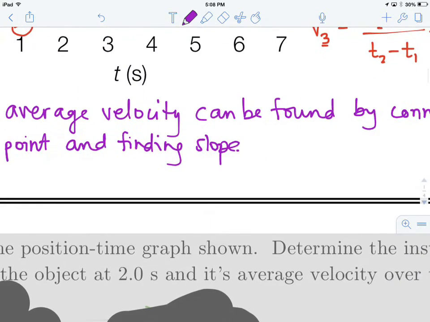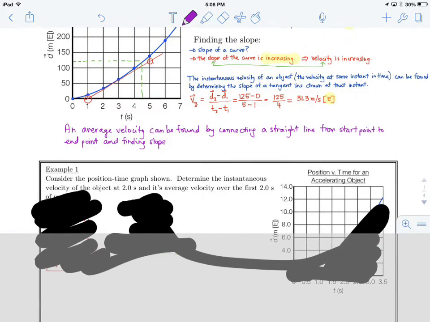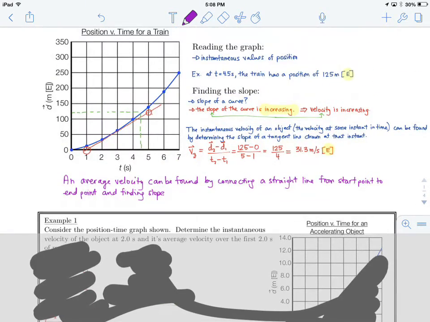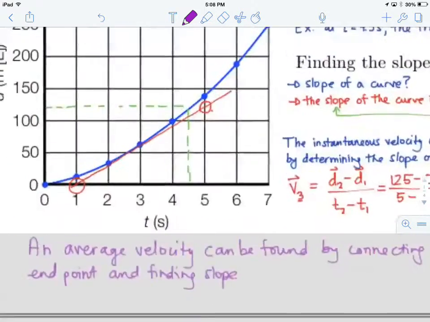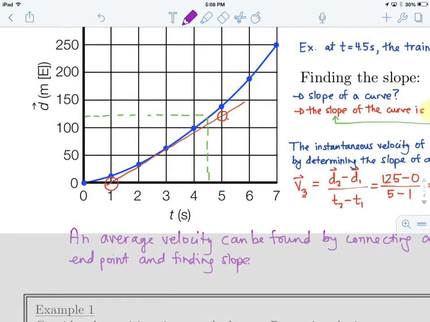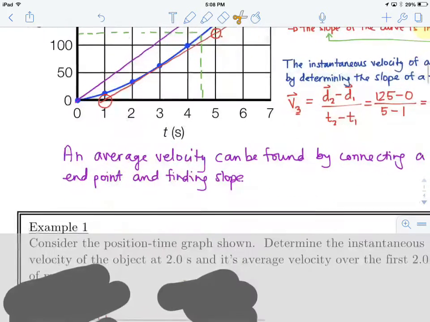So for example, if I wanted to calculate the average velocity over the first 7 seconds of this train's journey, I would go from 0 all the way to 7 seconds, and connect those two points. I then would find the slope of this line.